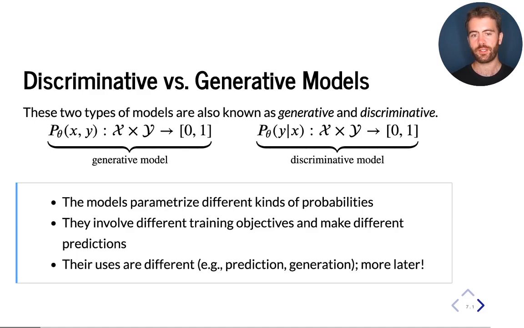If we're interested in generation or in other properties related to modeling X, then we would use the generative type of model. And I'm going to be talking more about the distinction between these two types of models, why specifically they are different, and when we would want to use them in the following few lectures.